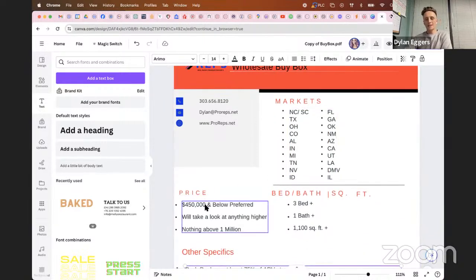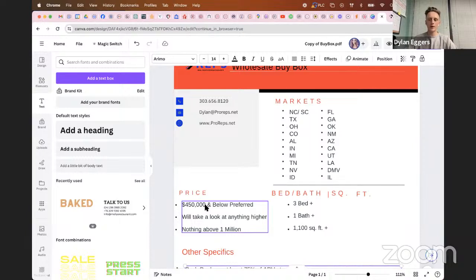But yeah, price range, ideally, we're hunting for properties below 450,000, right? We have fix and flip buyers that do high-end luxury flips, $2 million flips. And there are deals that you can find, but if you're only hunting for luxury stuff, your buyer pool is very limited.